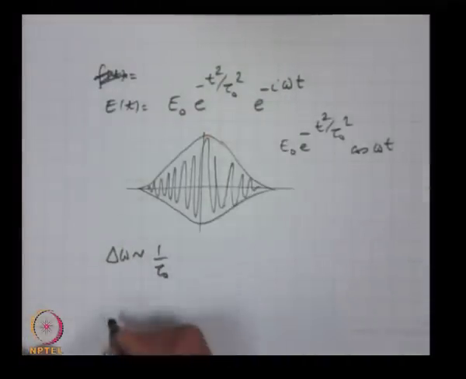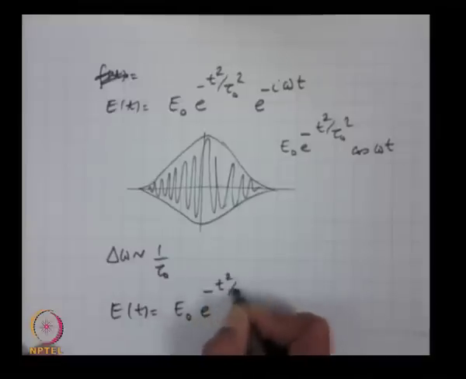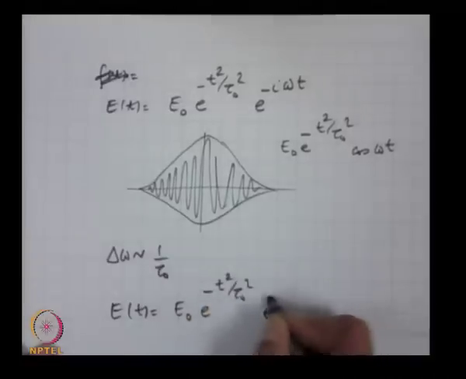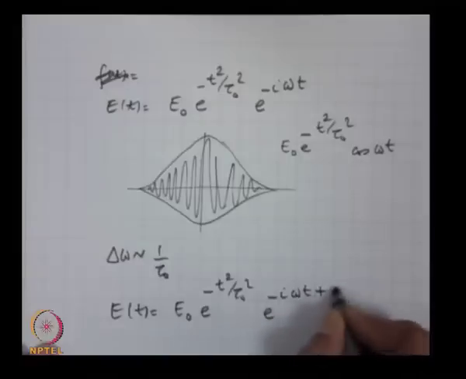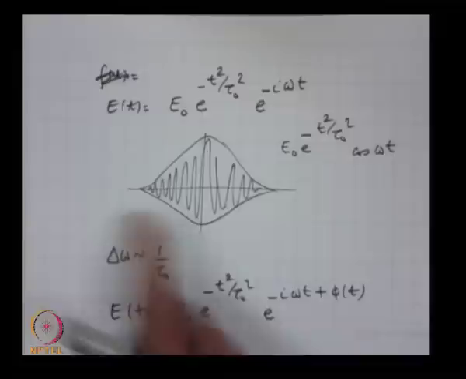If you had a function of time which was E0 exponential minus t square by tau 0 square, exponential minus i omega t plus phi of t, the envelope is still Gaussian.